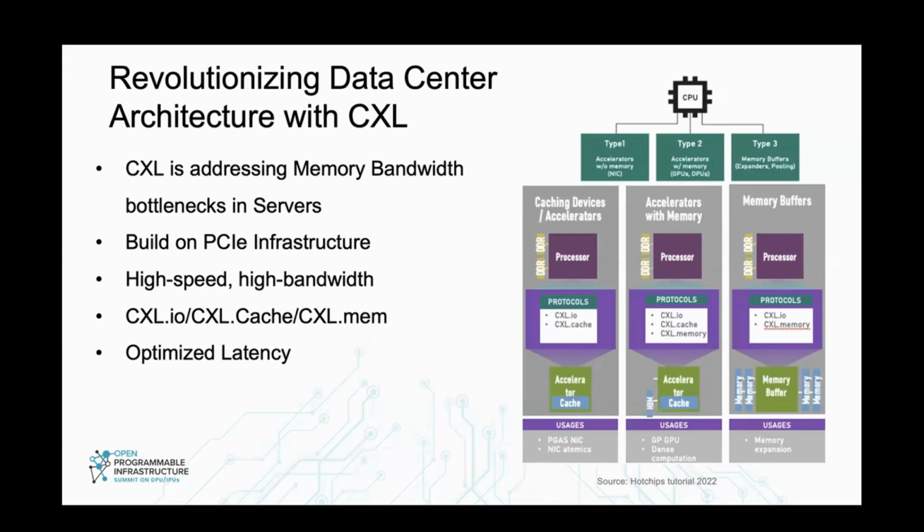The third one is the type 3 device, where we'll be using .IO as well as .mem. This is mainly for memory buffers, memory expanders, and pooling devices, mainly to address the memory challenges.